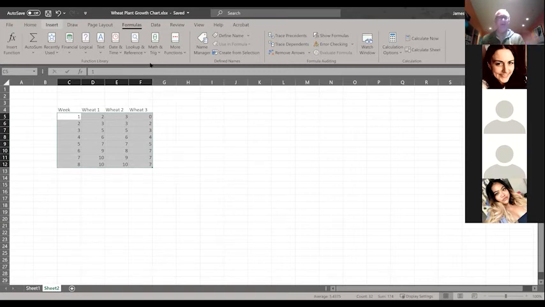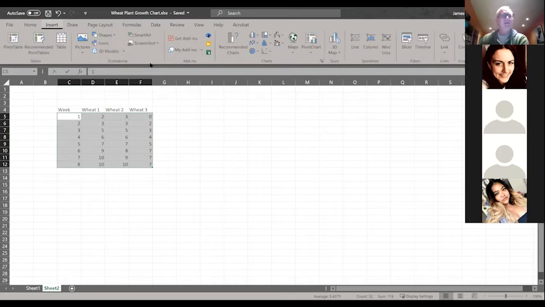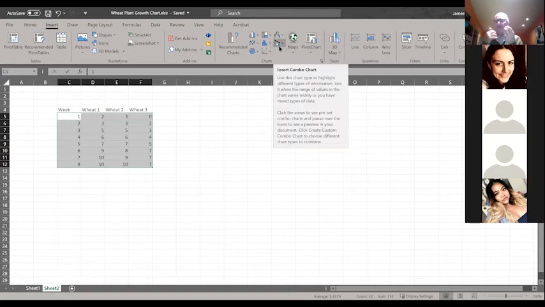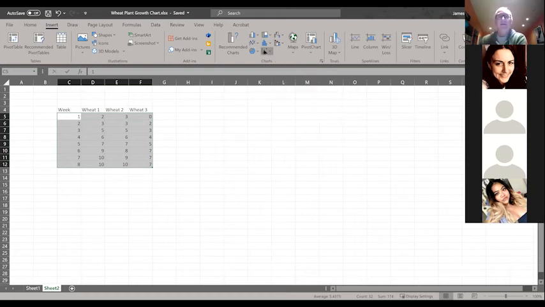So we say Insert, and this pops up, with all these different things we can do: bar graphs, maps, different sorts of charts, pie charts, all that kind of stuff. What we want to do here is a scatter plot.